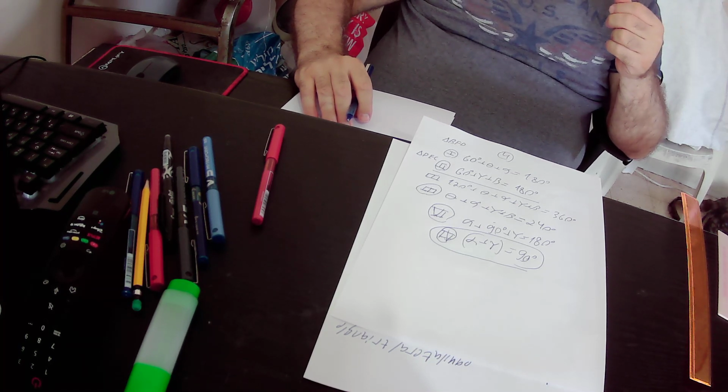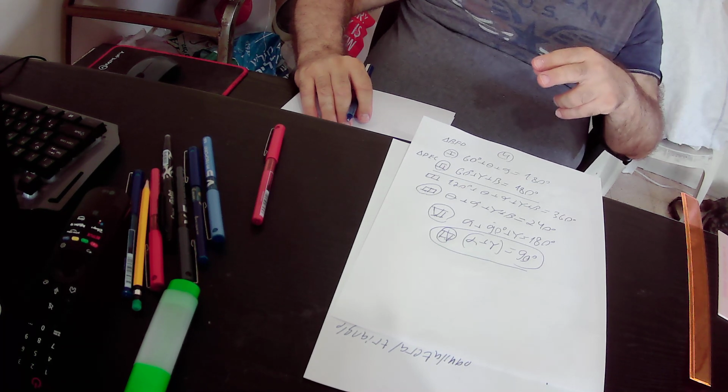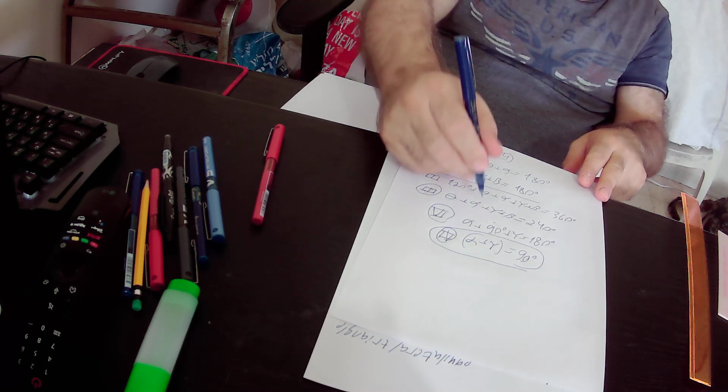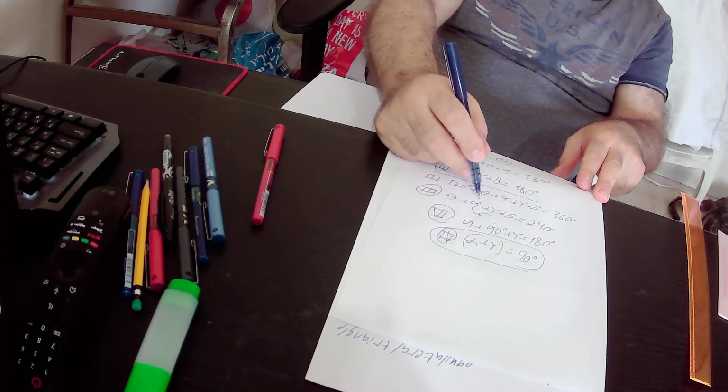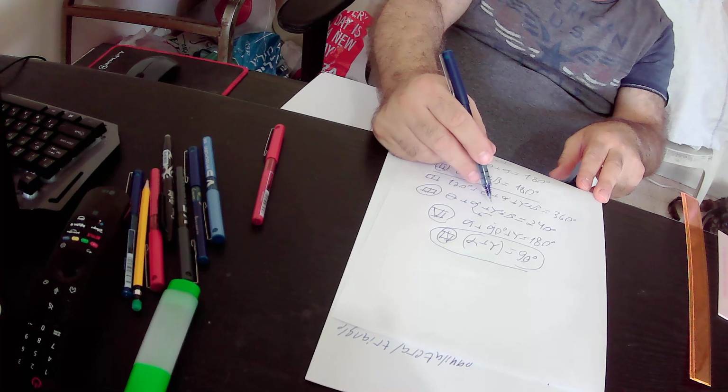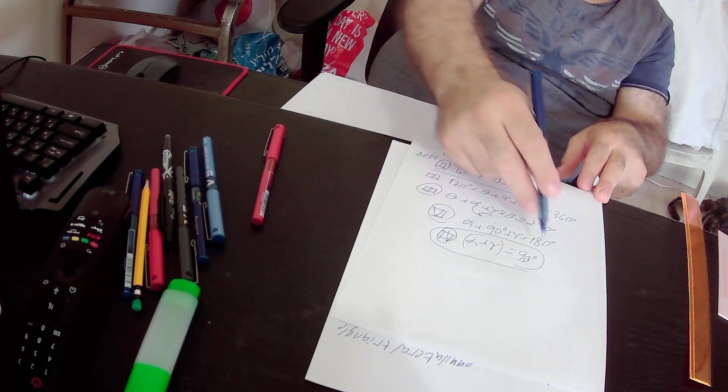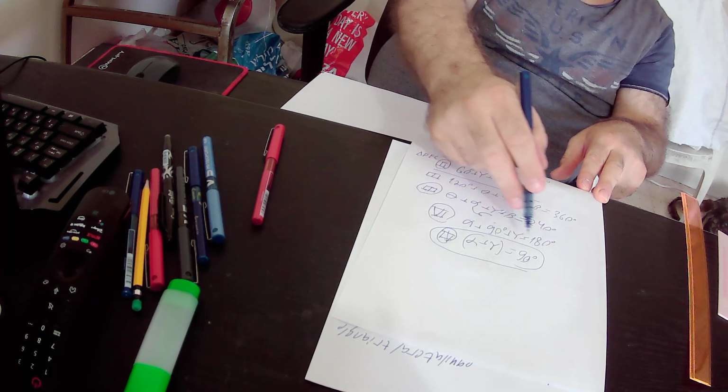And we have in the third equation alpha plus gamma. So we can substitute alpha plus gamma in the third equation by 90 degrees, because alpha plus gamma equals 90 degrees.